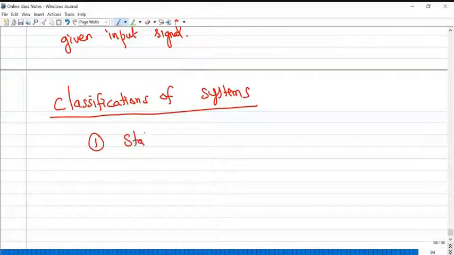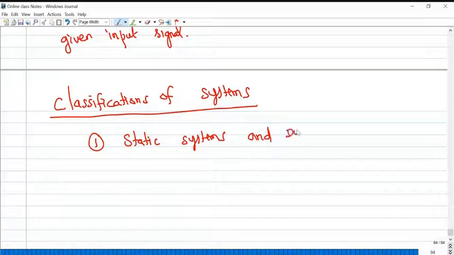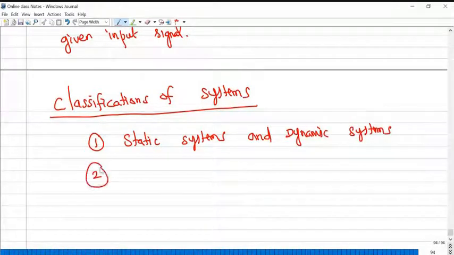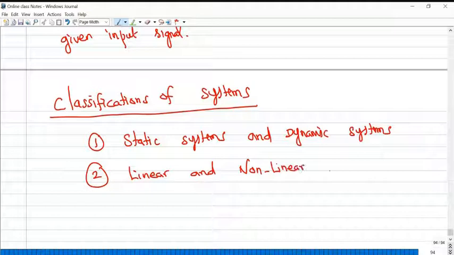First, static systems and dynamic systems. Second, linear and non-linear systems.